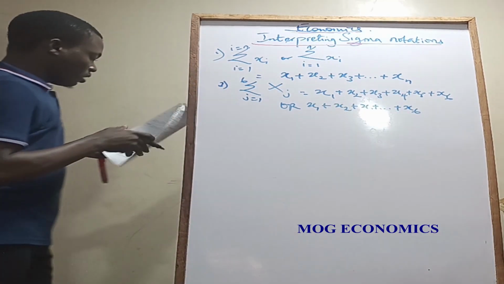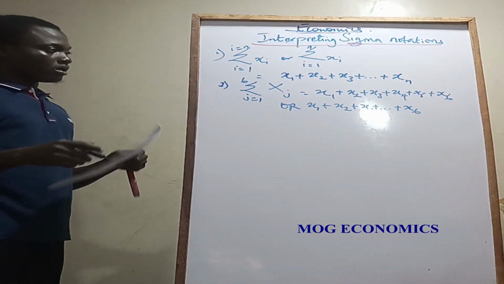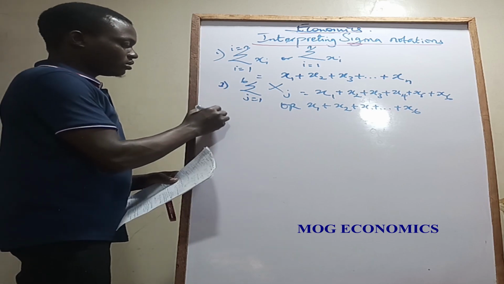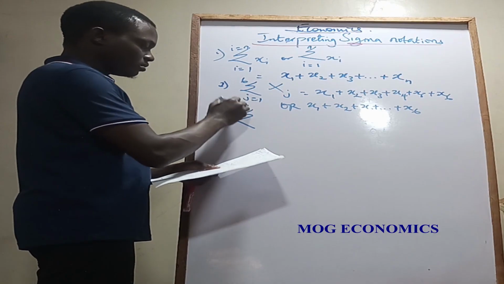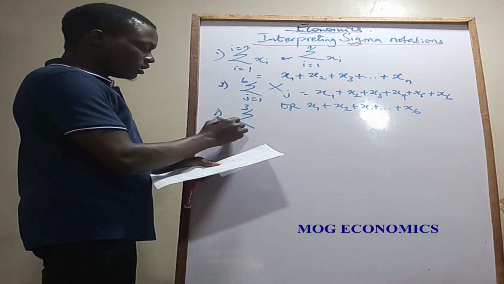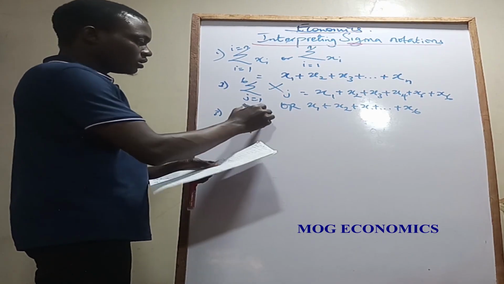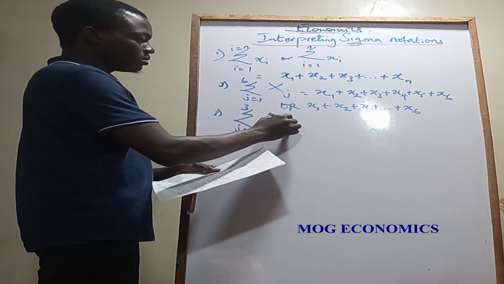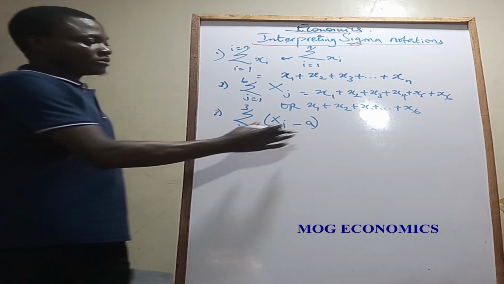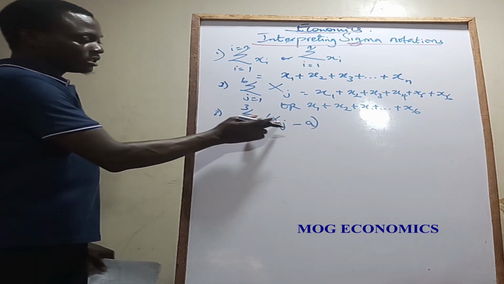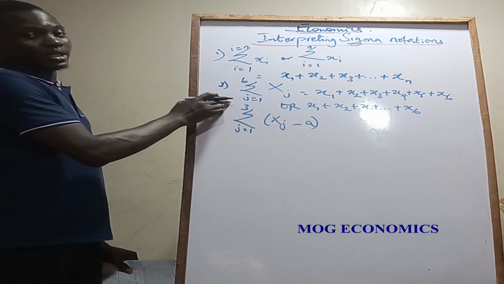Finish. Alright, so next, number 3, summation, j equals 1 to 3, of xj minus a. So what's this talking about? This is the function that you're summing, and this is j. So j is starting from 1 and ending at 3.